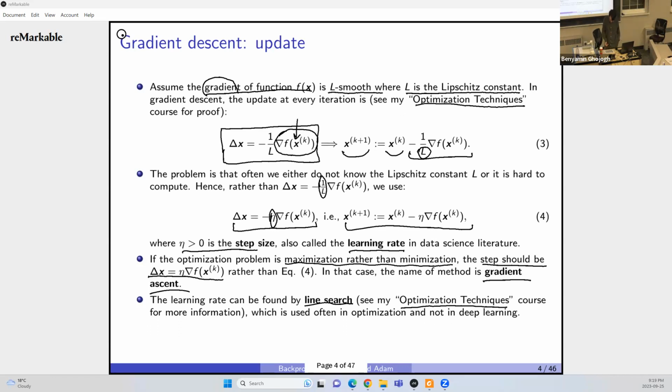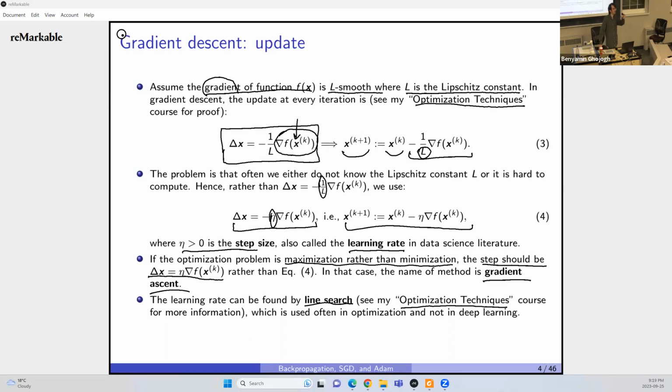So line search. Another question arises here: what value do we choose for eta? Of course, it shouldn't be too big a value. It should be small. But how small? So we can say, let eta be a big number for now. Why do I desire this to be big?